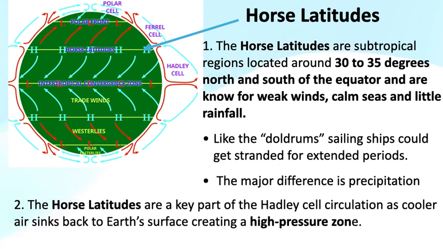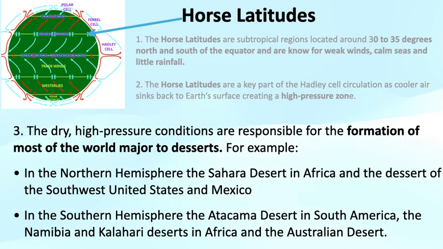The horse latitudes are a key part of the Hadley cell circulation as it cools and sinks down to Earth, and it creates a very high pressure zone in this area. The other thing is the dry high pressure conditions that are the result of this lead to the formation of most of the world's major deserts.